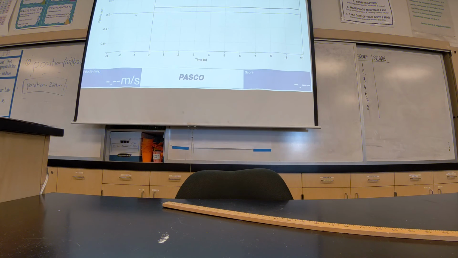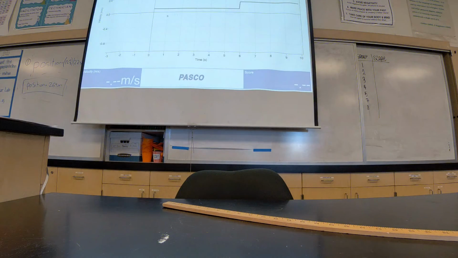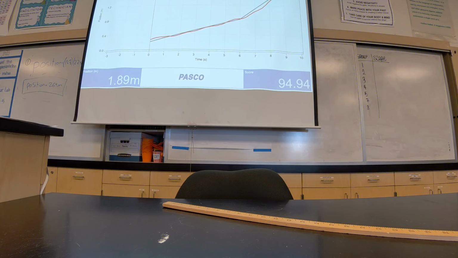All of our graphs had horizontal lines until you got to problem number 6, right? You've got a positive slope and then it got steeper, so a higher positive slope for the position graph.